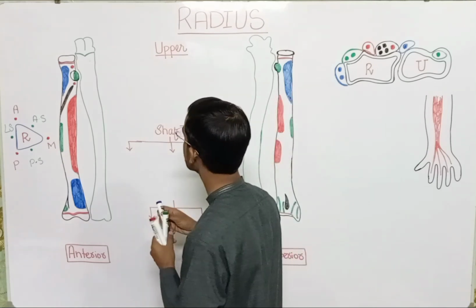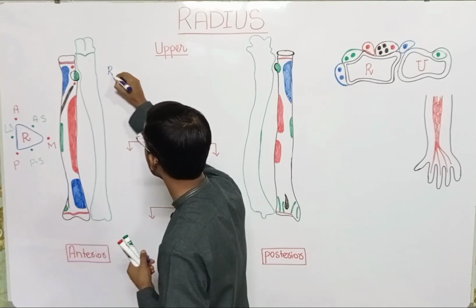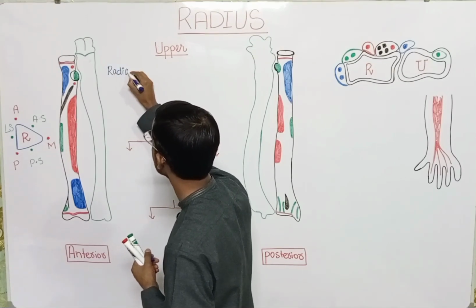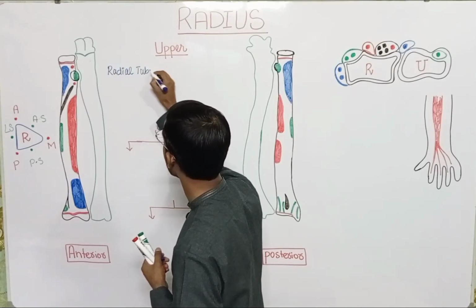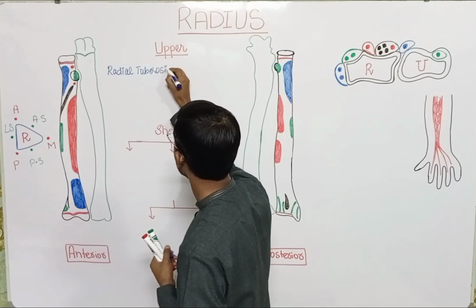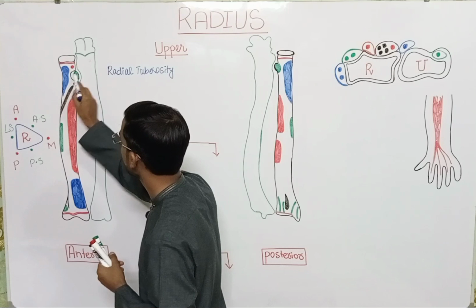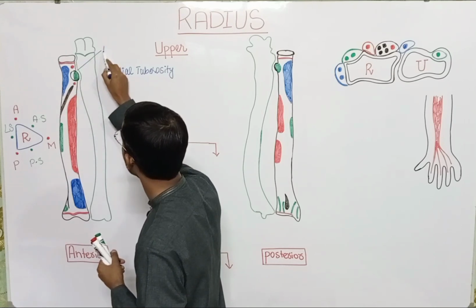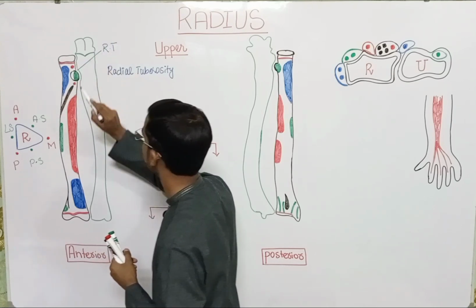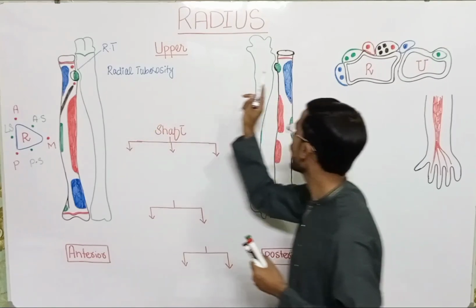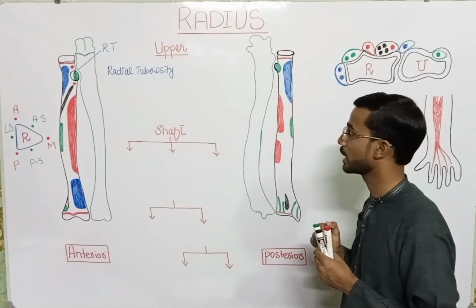Here you can see the first component is the radial tuberosity. This is the anterior view and this is from the posterior side.